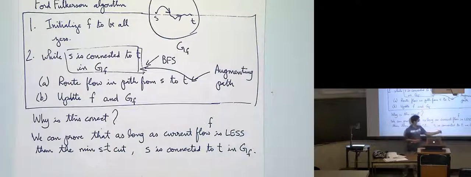Conversely, when S is not connected to T in the residual, you must be sending at least the min cut. But you cannot send more than the min cut. Hence, your flow is basically optimal. This actually proves the max flow min cut theorem, if you follow this.